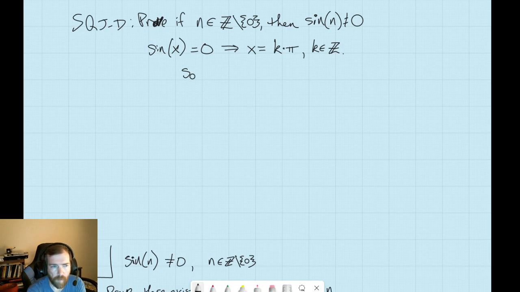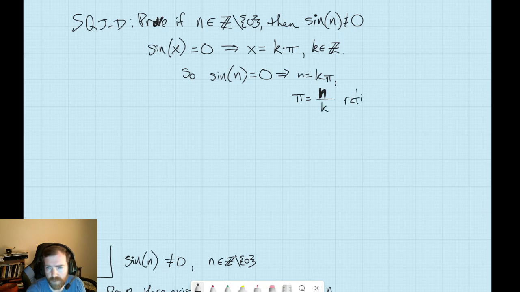So sine of n equals 0 is going to imply that n equals k pi, and therefore pi equals n over k, which makes it a rational number.